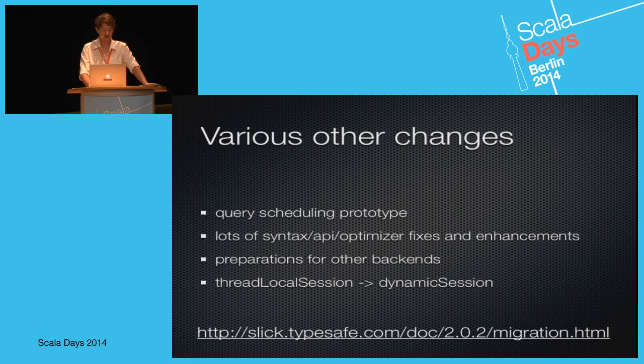Other things that are new in Slick 2: there's a prototype for query scheduling, where you write queries that involve tables from different databases or even different database engines, and Slick figures out automatically which part of the query to run on which engine and then pulls the data and does the rest locally. It works.